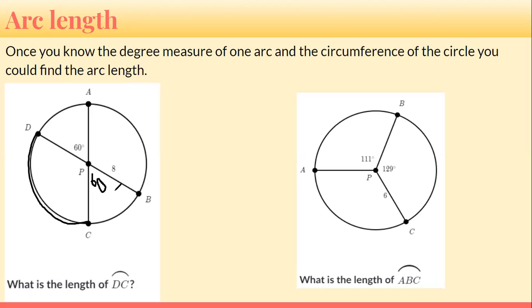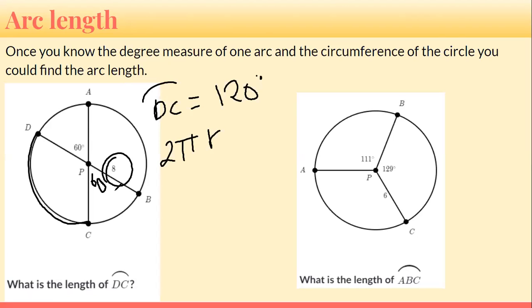And we know that a line is equal to 180 degrees. So we could say that DC is equal to 120 degrees, right? Okay, and now they give us the radius. So we find the circumference. Circumference is 2 pi r, which is equal to 16 pi.